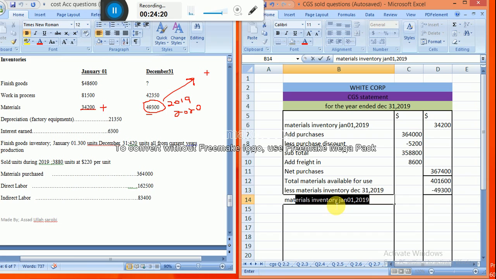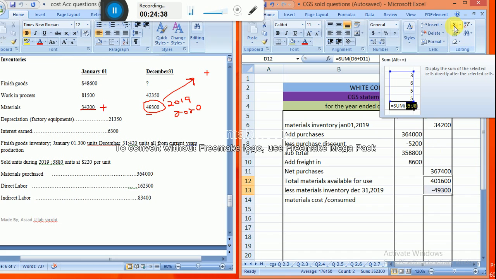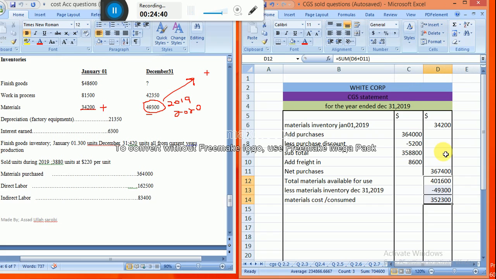So material cost, this is also called material consumed. $4,16,000 minus 49,300.